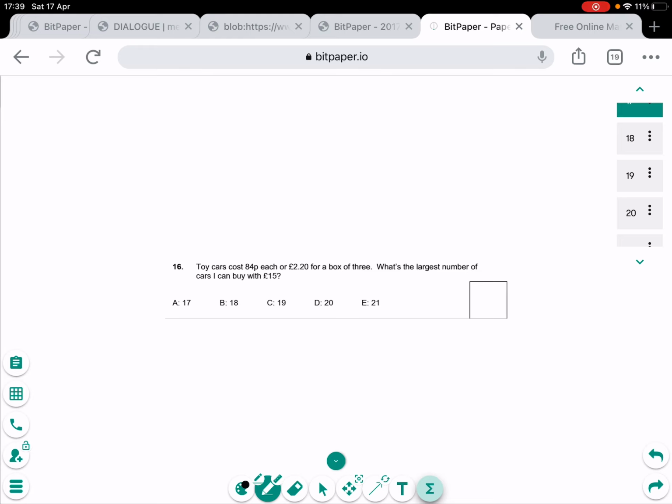So we can times £2.25 by 6, which equals £13.50.